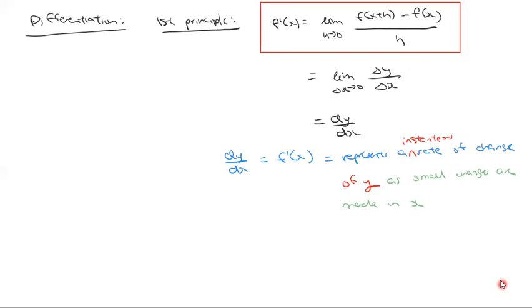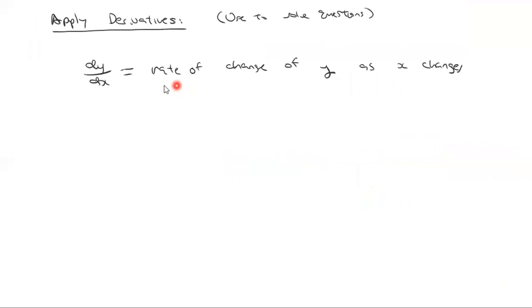Right? And so that's something we've been kind of drilling in from the start, but obviously we'll be focusing on that now. So the dy dx is an instantaneous rate of change of y as x changes.